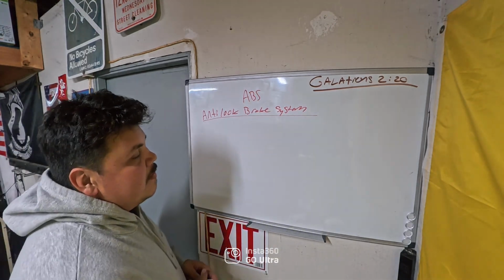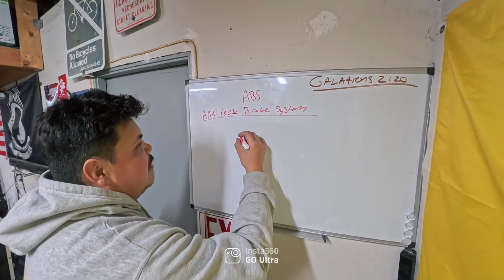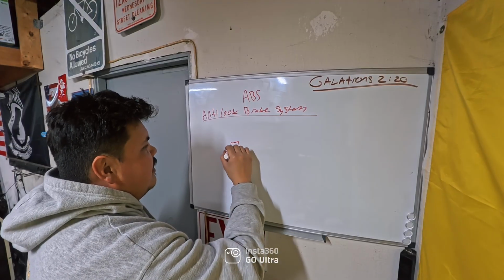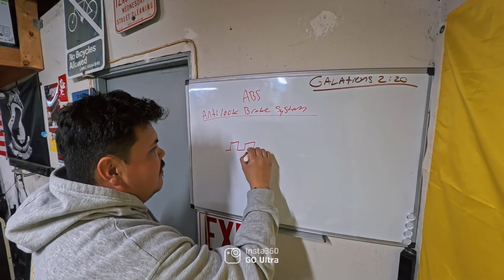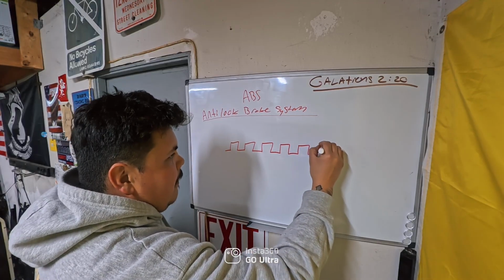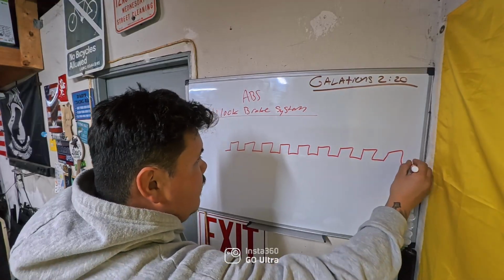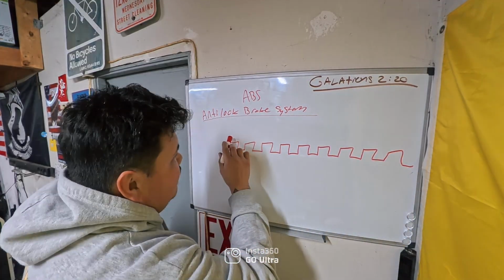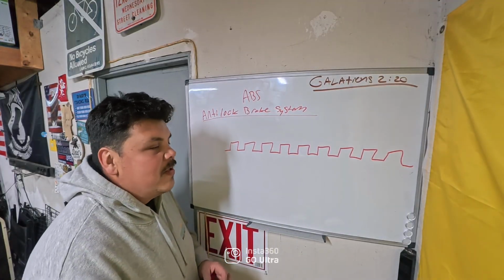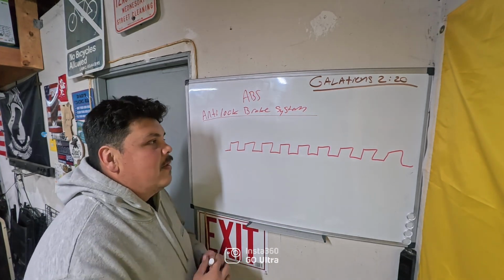So the way that the ABS system works is, if the ABS pump gets activated due to a sudden brake event, the ABS pump is going to send a pulse width modulation out in the brake fluid pressure.